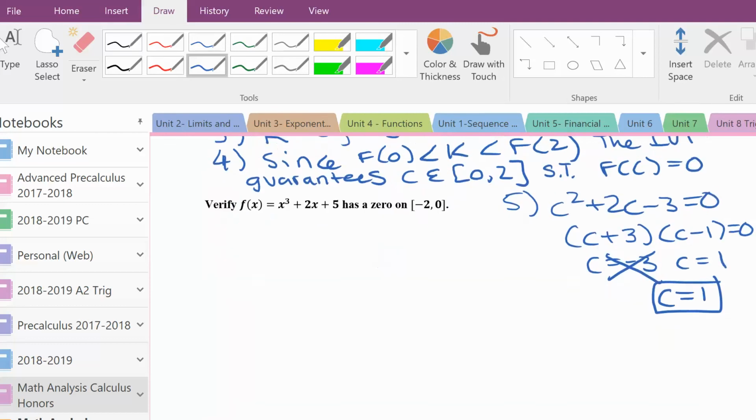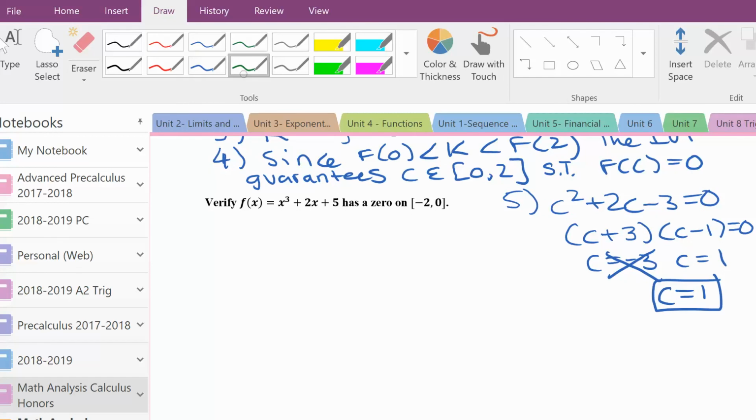So last one. If you want, you can pause the video and try it on your own. We know f of x here is continuous because it's a polynomial.